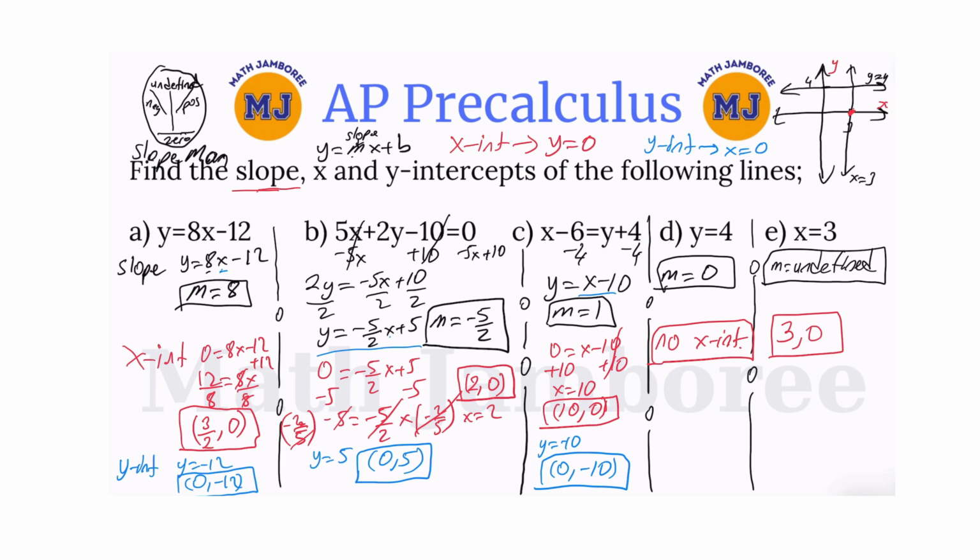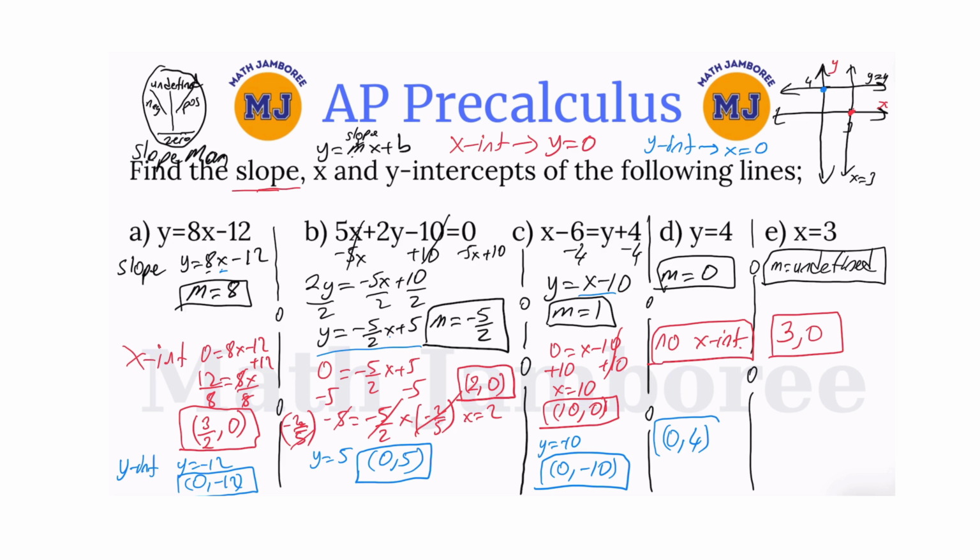Here, with y equals 4, this is the y-intercept. This line is intersecting the y-axis exactly at 4. That's why it's 0 and 4.